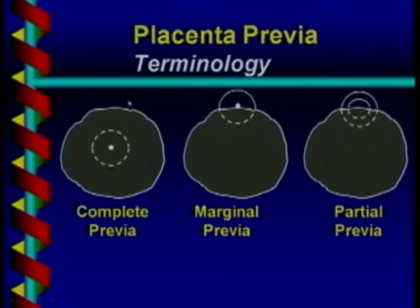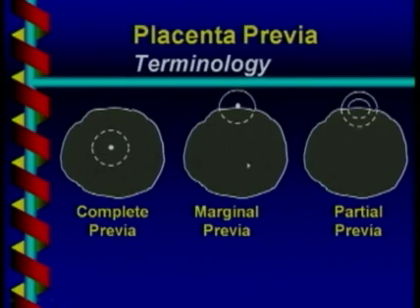So this overall gray area that I'm outlining is the placenta, as would be seen by the baby. And if the baby had X-ray vision, this is the cervix, and this little dot is the internal os that's closed. So this would be a complete previa. The placenta completely covers the cervix.